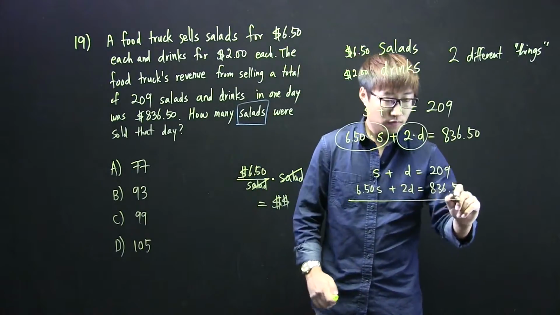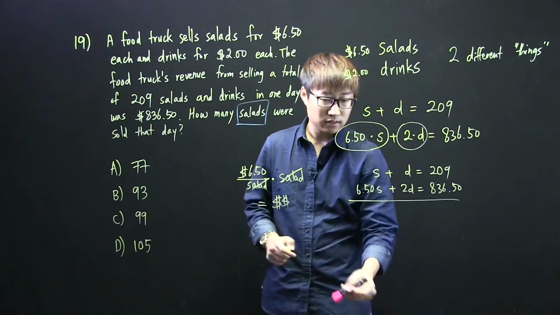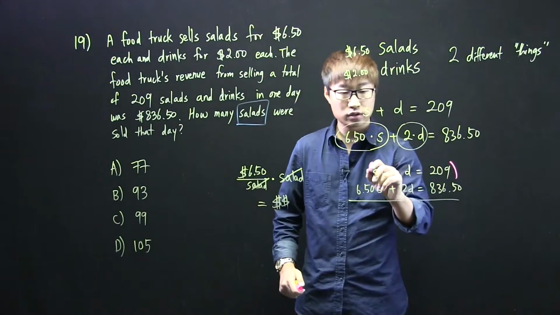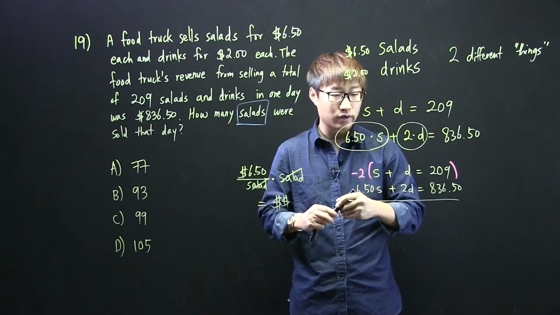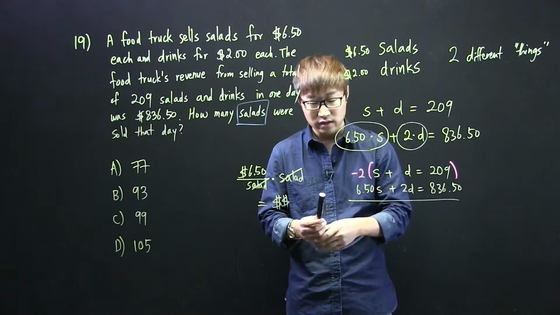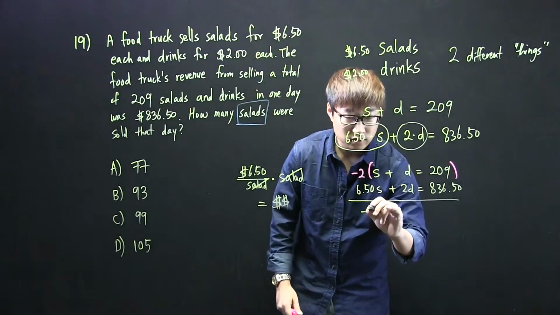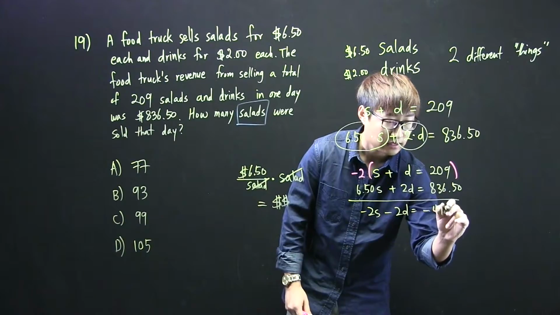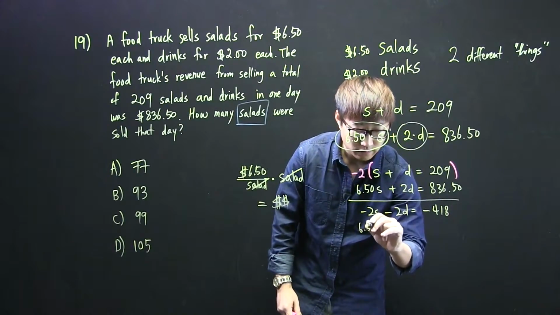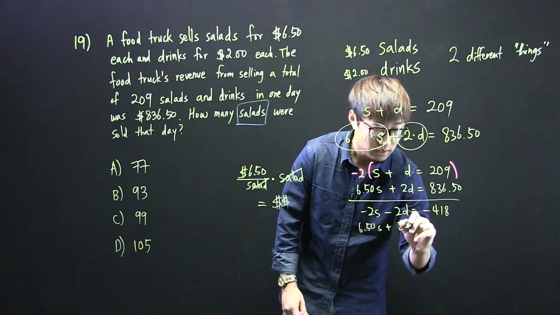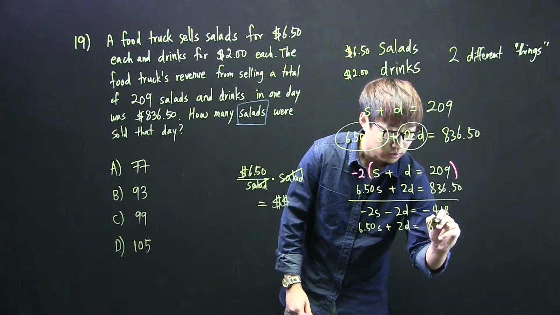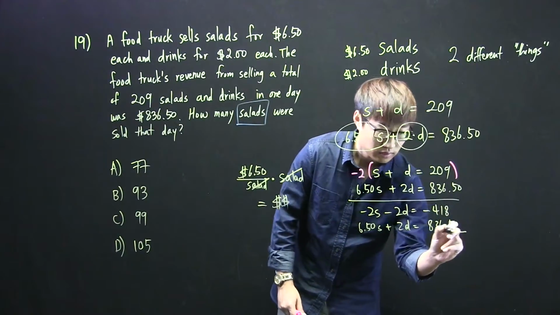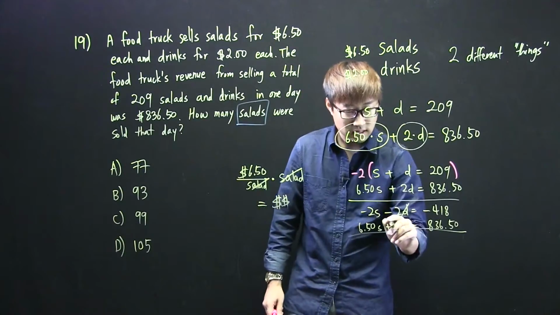So for the top one, I'm going to multiply the top by -2. Once again, why am I doing that? Because I want to cancel out the D's, right? So what does this lead me to? -2S minus 2D is equal to -418. And then I've got 6.50S plus 2D is equal to 836.50. Go ahead and cancel these here.